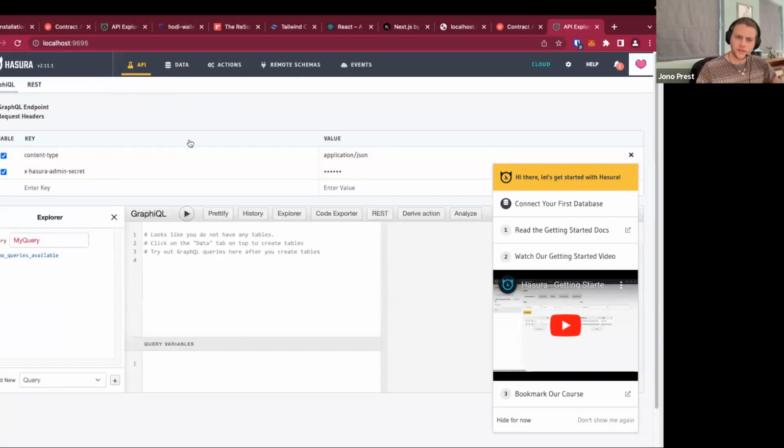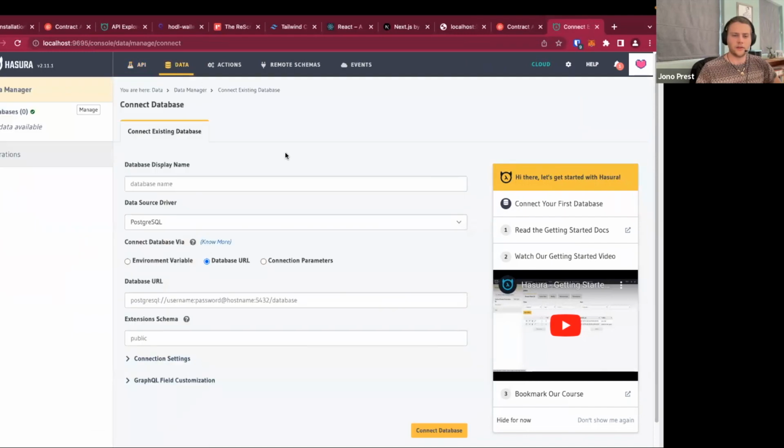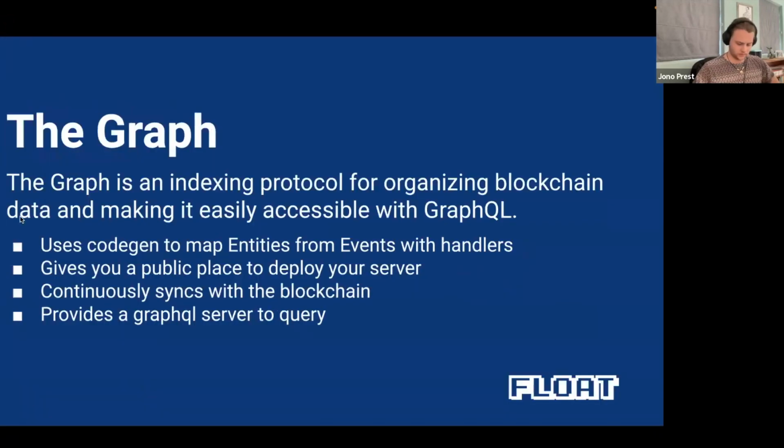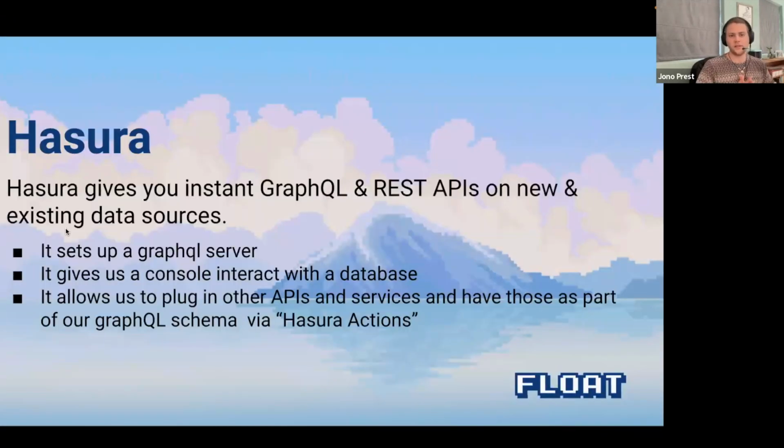Cool. So what Hasura does is it gives you a nice way to link a GraphQL server to a database. Let me quickly go back to my slide. I'm going to skip ahead to Hasura. Yeah. So Hasura gives you instant GraphQL and REST APIs on new and existing data sources. So the first thing it does is it sets up a GraphQL server for you.